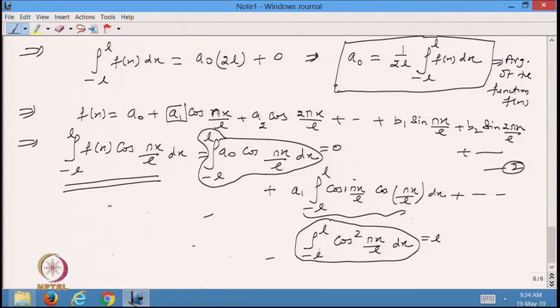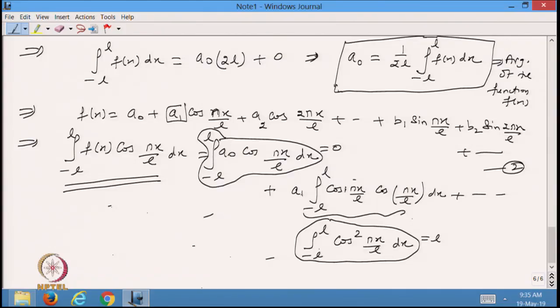Then the other integrals become 0, because only in this integral do I have cos(πx/L) multiplied by cos(πx/L). Otherwise, the next would be cos(2πx/L) times cos(πx/L), and in that case the integral value will be 0. Sin(πx/L) multiplied by cos(πx/L), by the orthogonal property this integral will be 0.